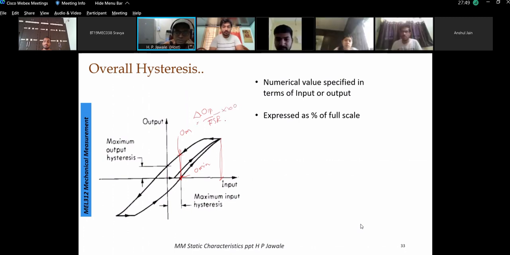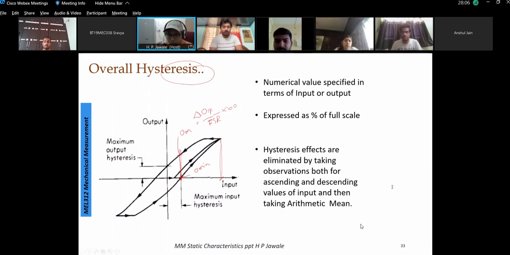So the hysteresis error can be expressed in terms of the worst deviation in the output over the full scale in terms of percentage. Okay. So hysteresis effects are eliminated by taking observations both ascending and descending, or upscale and downscale readings, as we have discussed, and then we take the arithmetic mean.